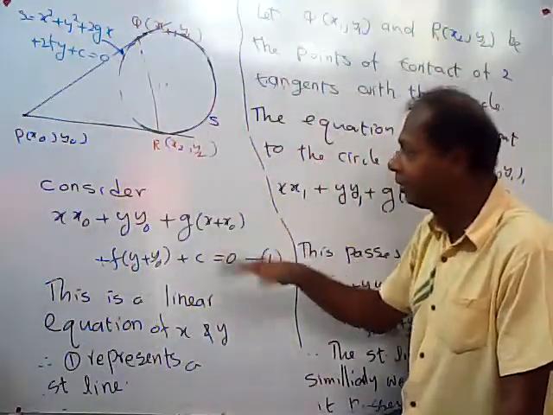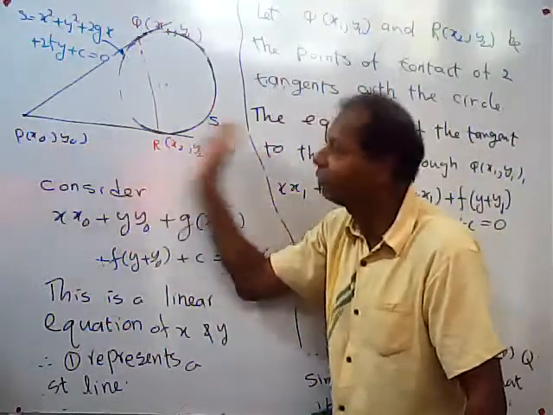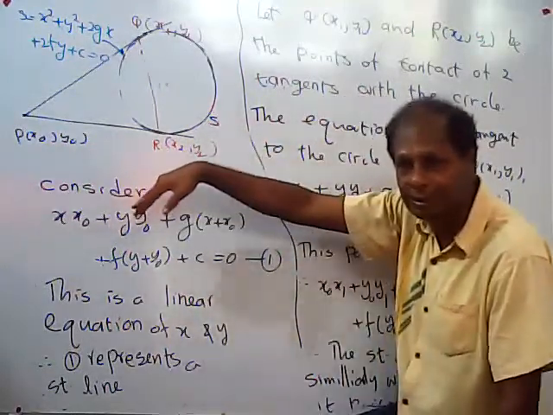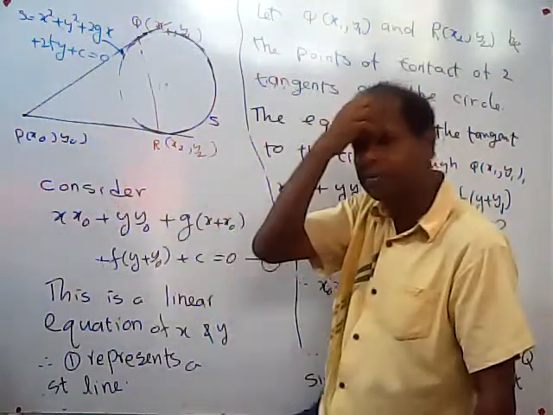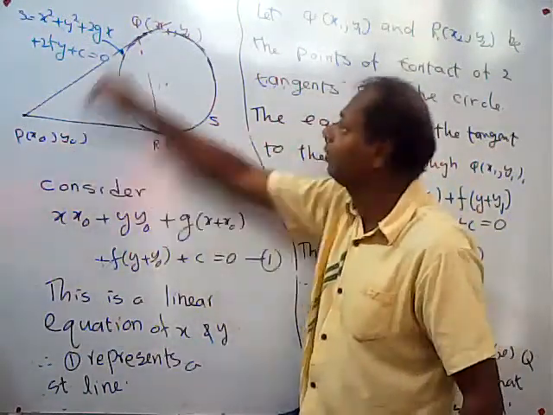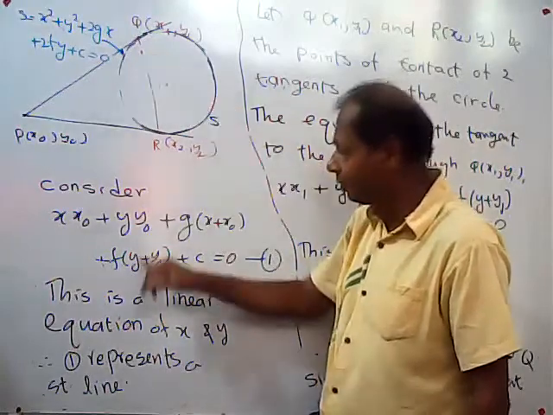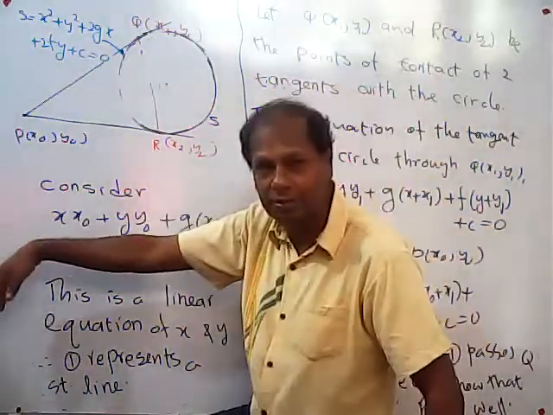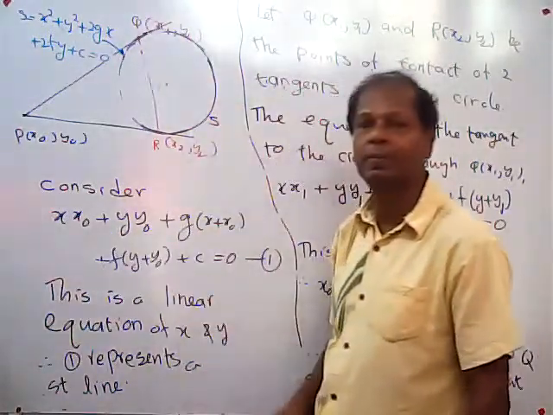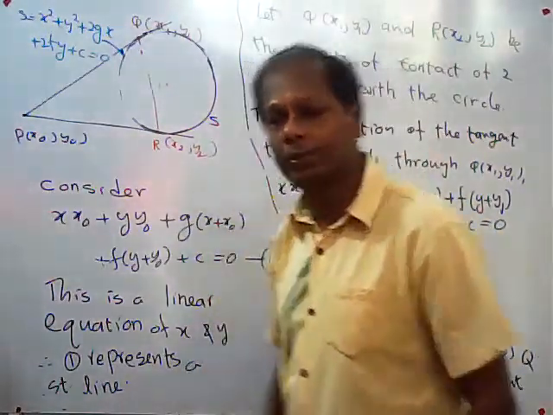But what we are saying here is this x0, y0. x0, y0 is a point outside the circle. It depends upon where the point is. If this point is on the circle, the same thing will represent the tangent. If it is outside the circle, it will represent the polar.